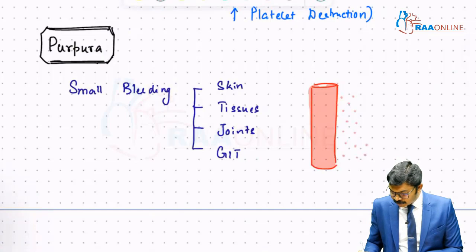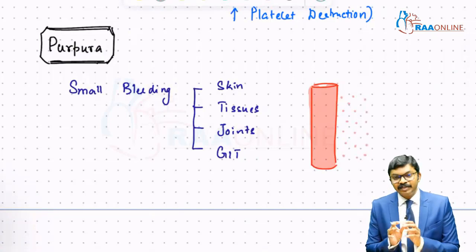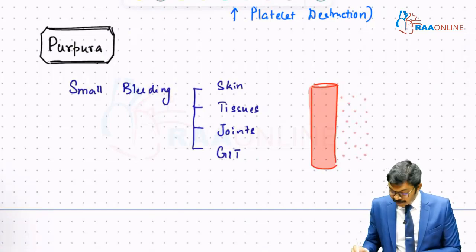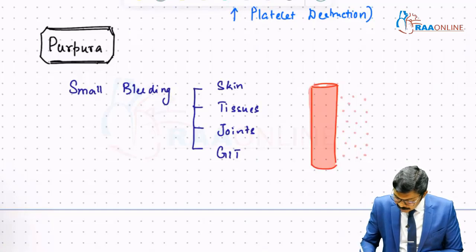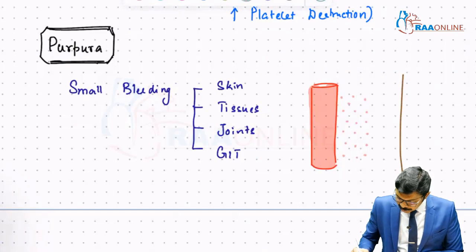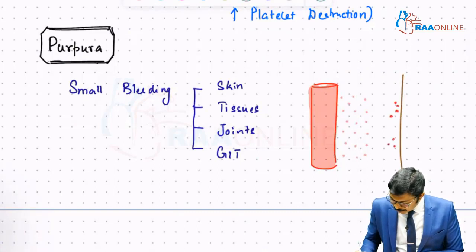When plasma comes out of this blood vessel, it gets accumulated under the skin, under the tissue, and if you consider this as skin, this accumulation of plasma under the skin is going to appear as hemorrhagic spots, and these hemorrhagic spots are called purpura, also called purpuric hemorrhages.